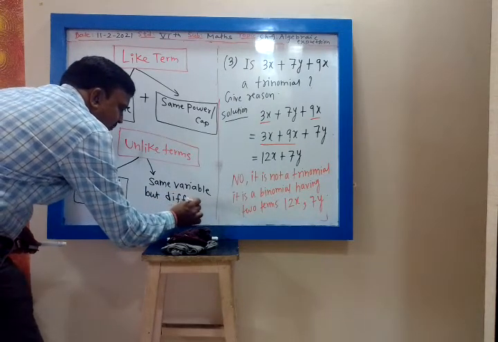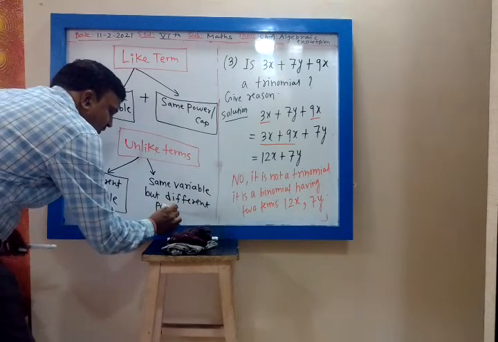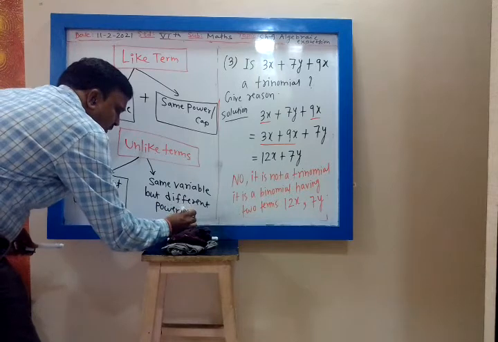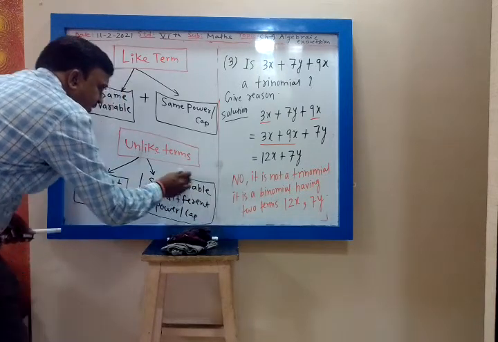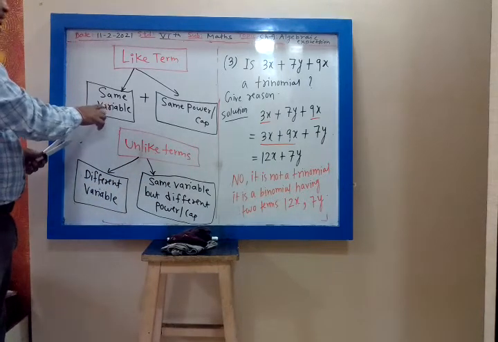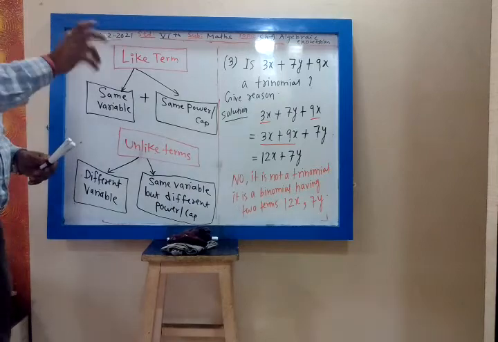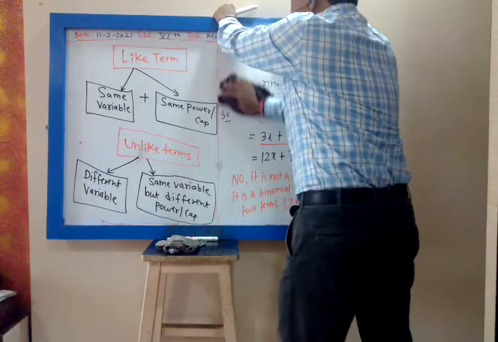Unlike terms also means same variable but different power. So like terms means same variable plus same power. Both conditions are required.